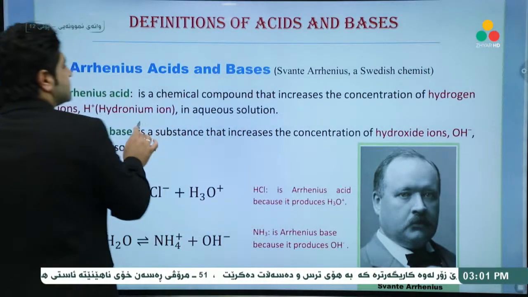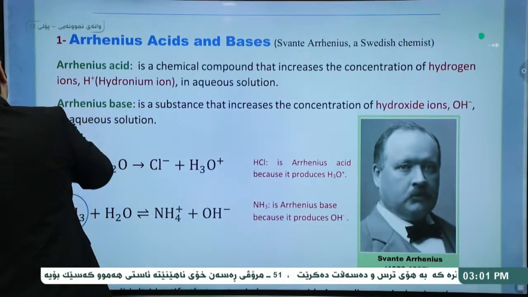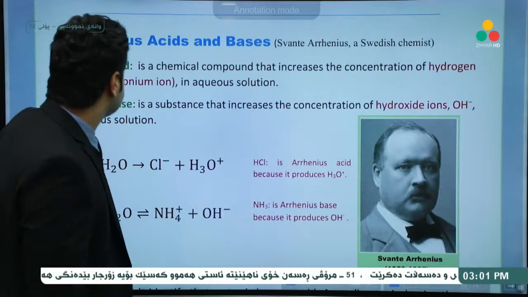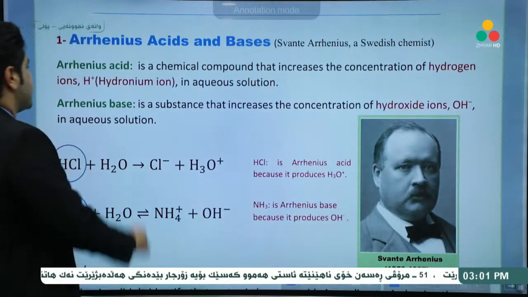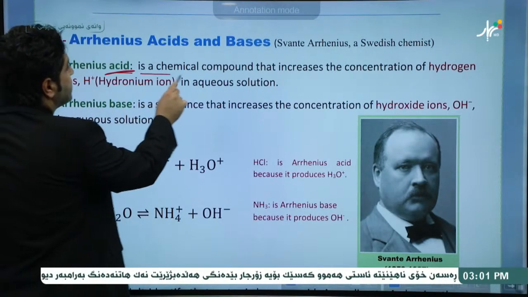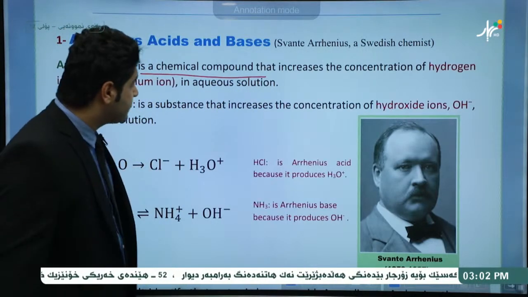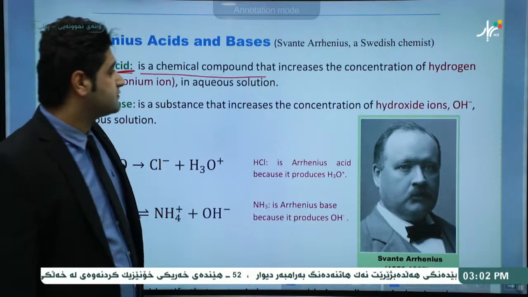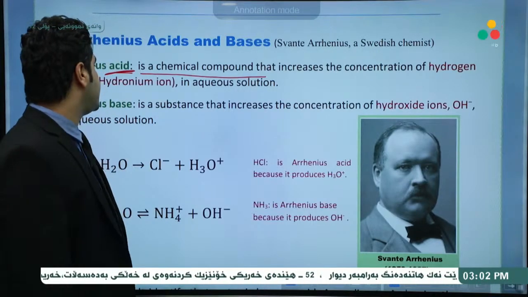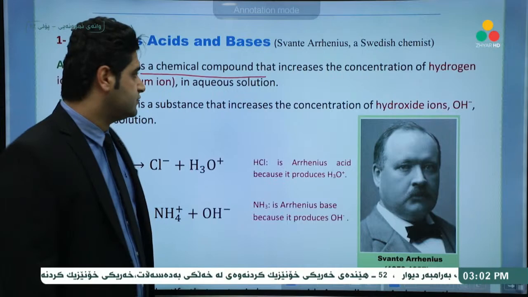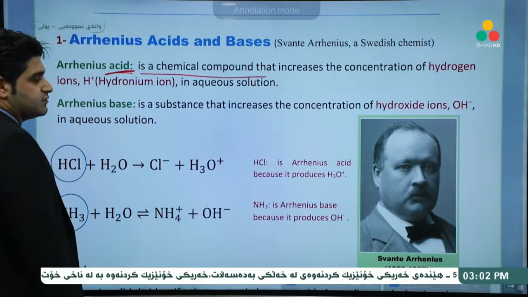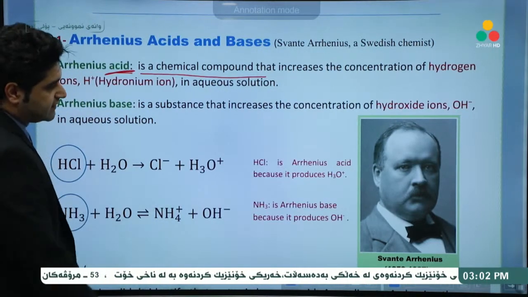First one, Arrhenius acid-base. Svante Arrhenius said that an acid is a chemical compound that increases the concentration of the hydronium ion or hydrogen ion in the aqueous solution. Well, that's Svante Arrhenius.